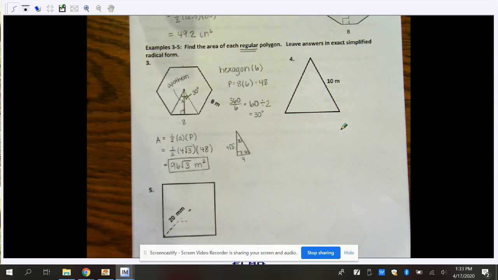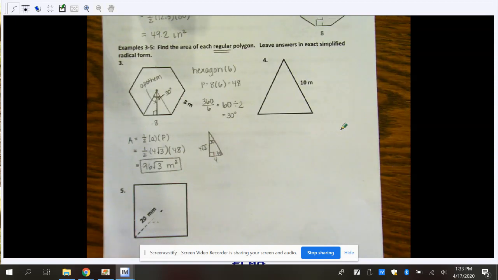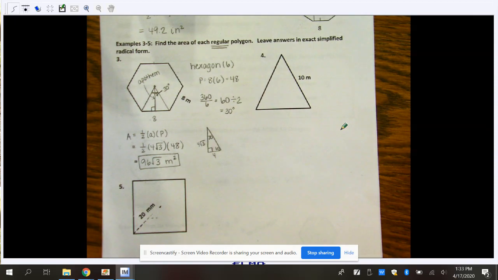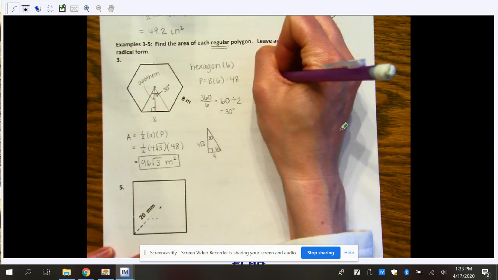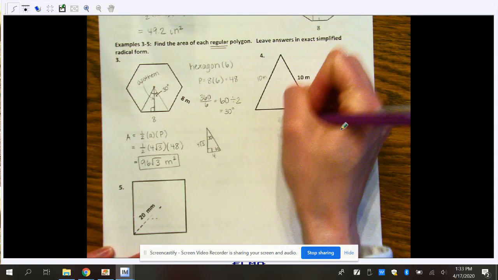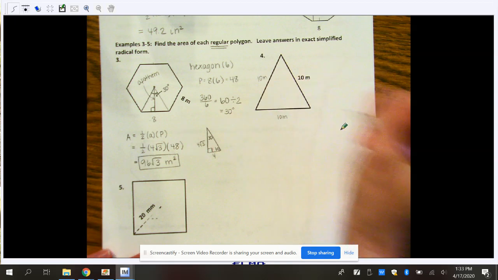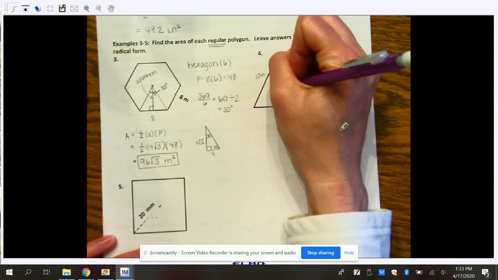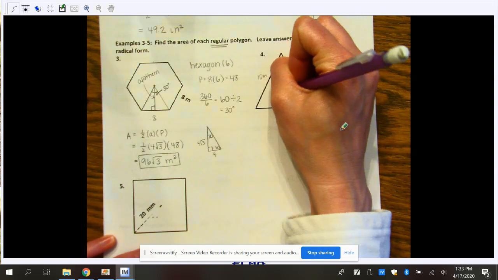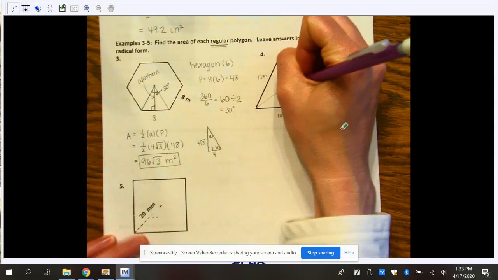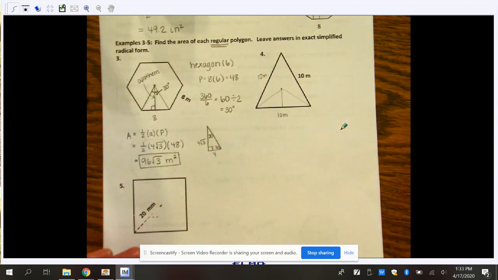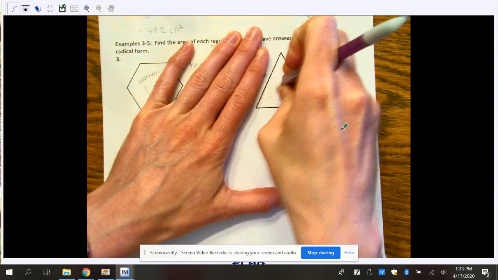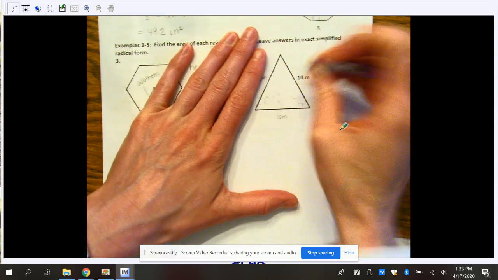All right, and so now in number 4, we are looking at a triangle. We're given that these are all regular polygons, so that tells us right away that this is going to be 10 meters and this is going to be 10 meters. So we could use this formula, right, and kind of draw in these little triangles down here, but that's going to be a little bit more work.